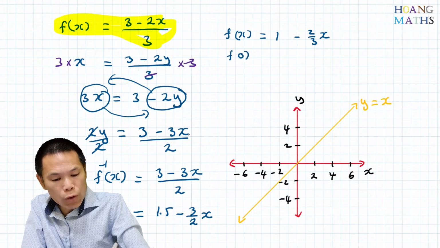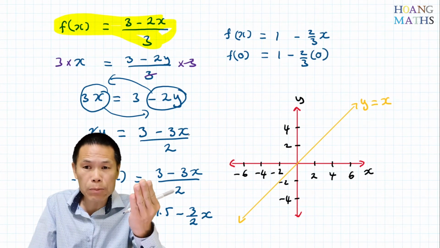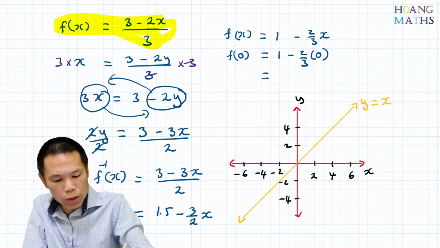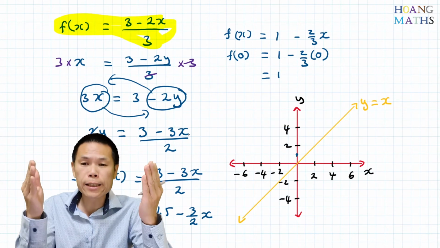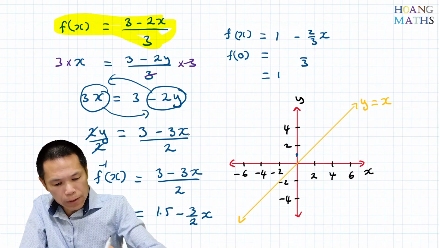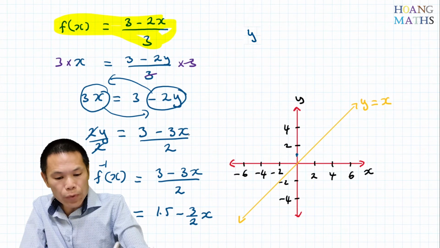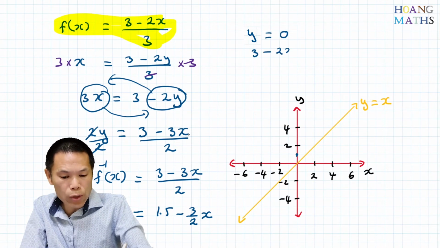So f of 0 is equal to 1 minus 2 over 3 times 0. So anything times 0 is equal to 0. So the y-intercept is equal to 1. So it's here. Now to find the x-intercept is when y is equal to 0. Just clear this first. It's when y is equal to 0. So that means 3 minus 2x over 3 is equal to 0.